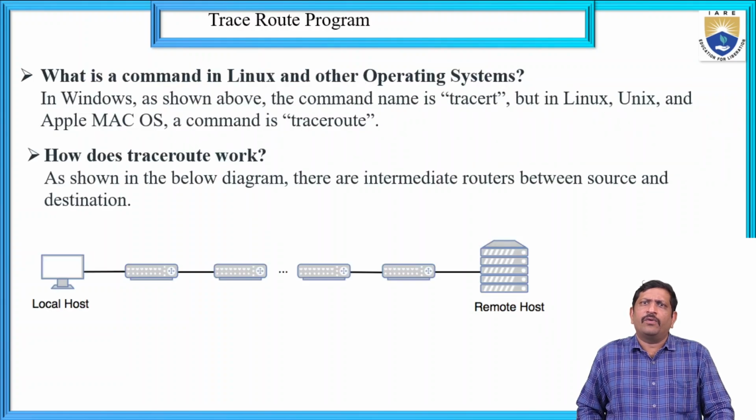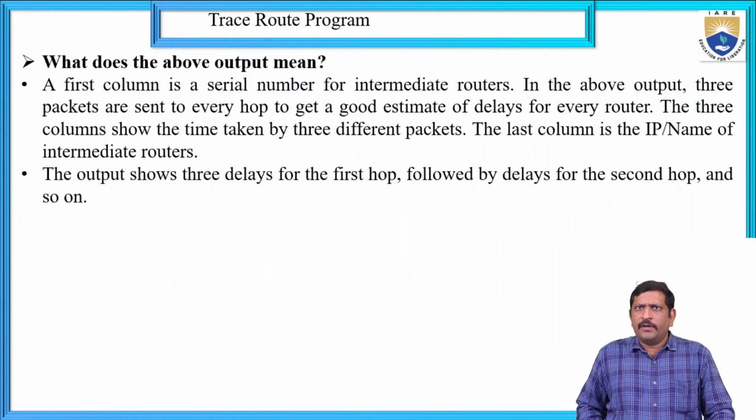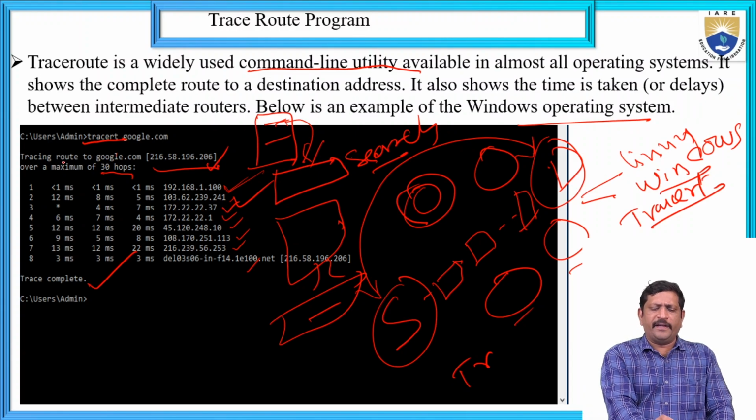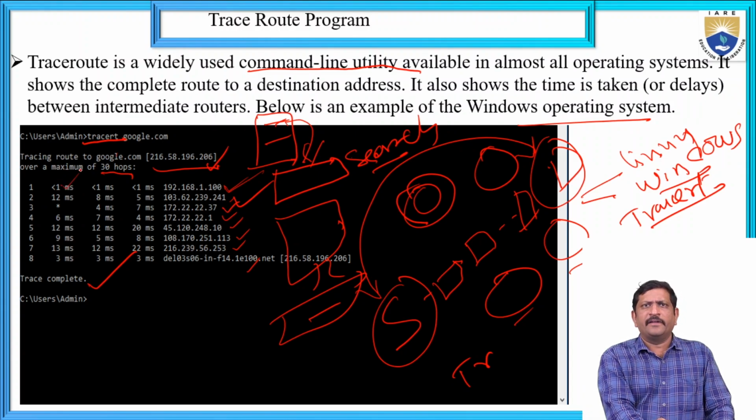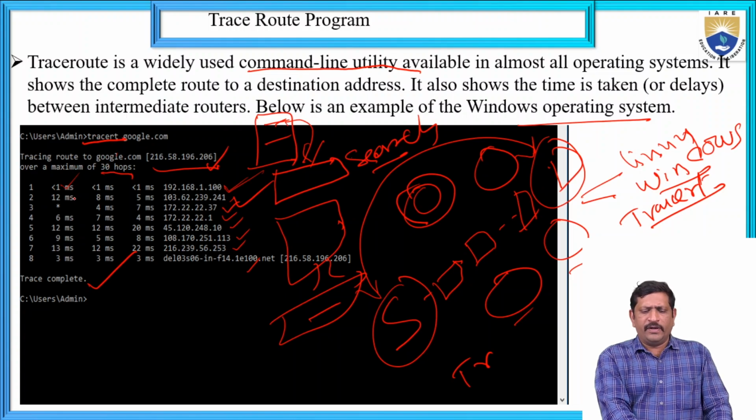Now here is what we are doing. We are sending the first packet. The time at router 1 is less than 1 millisecond, 12 milliseconds, 8 milliseconds, 12 milliseconds, 9 milliseconds, 13 milliseconds, 3 milliseconds.